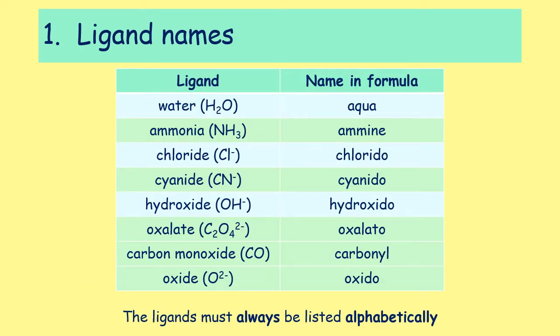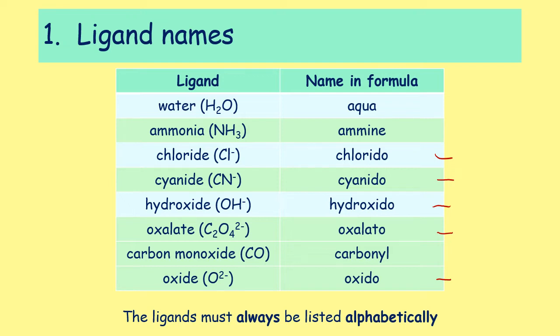You should, in your summary notes, have all of these rules written down, and it is important that you look over them. Every ligand has a slightly different name when it goes into a formula. The first ones that I want you to focus on are chloride, cyanide, hydroxide, oxalate, and oxide. These are all negatively charged ions.